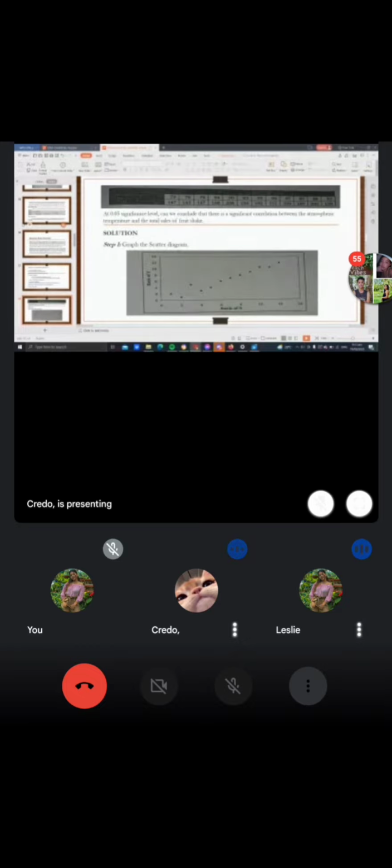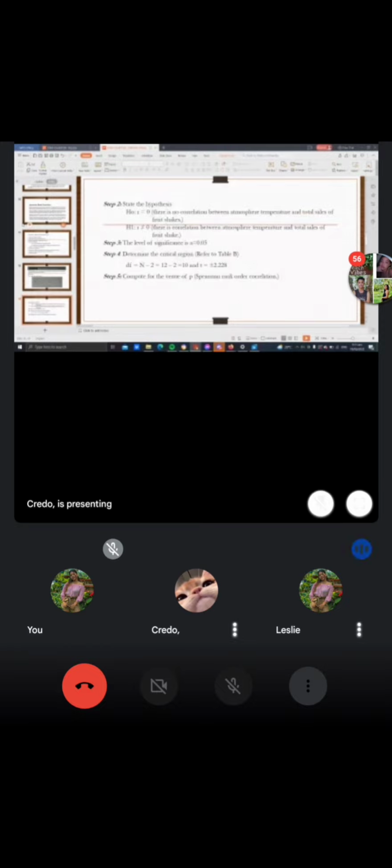So then in the next page is the solution, and this one is the step by step on how to solve the Spearman rank correlation. So now, step 1, graph the scatter diagram. Step 2, state the hypothesis. Step 3, level of significance is equal to 0.05.